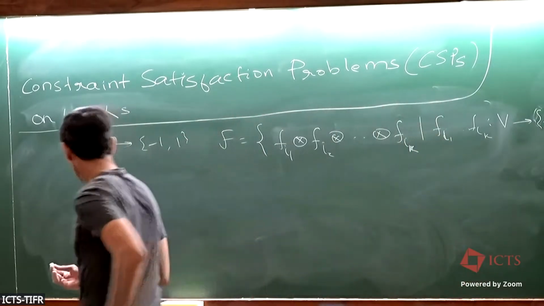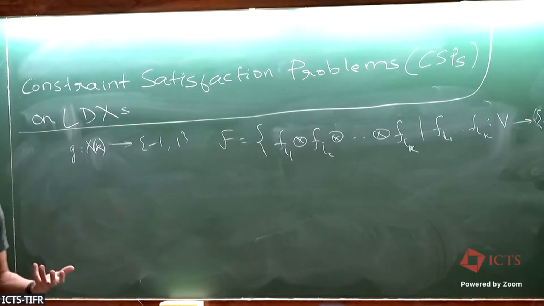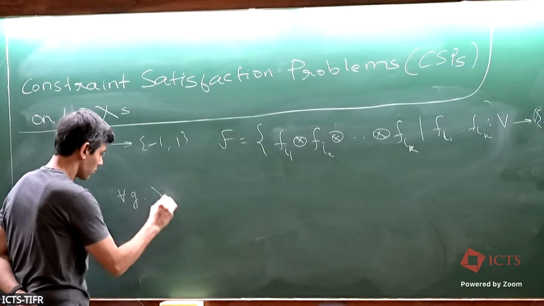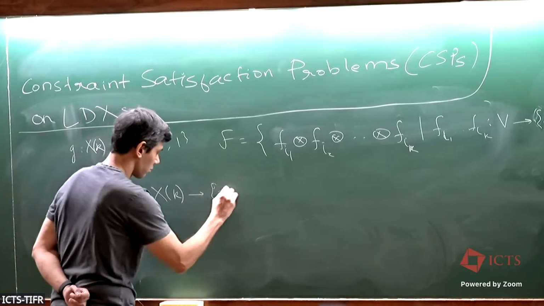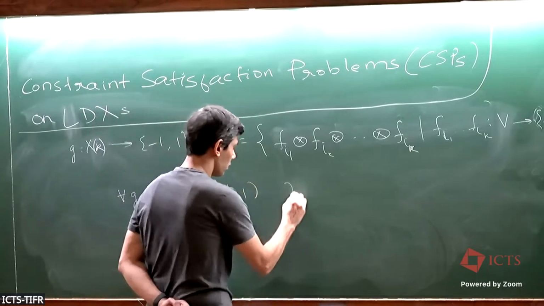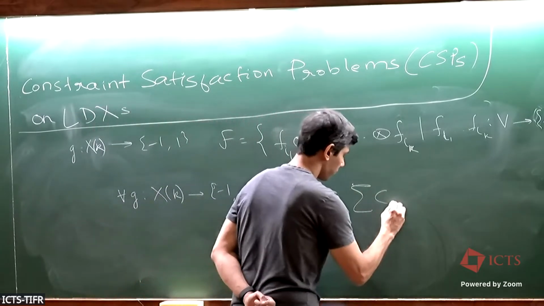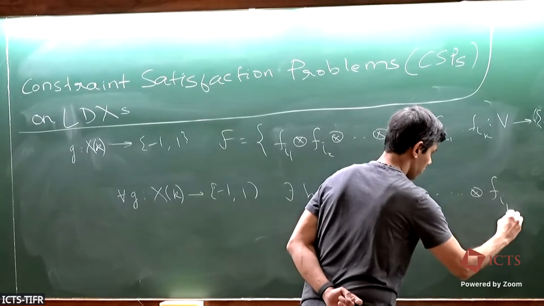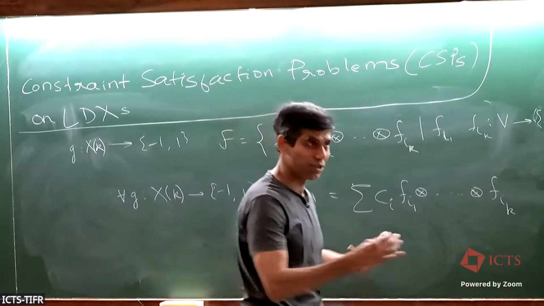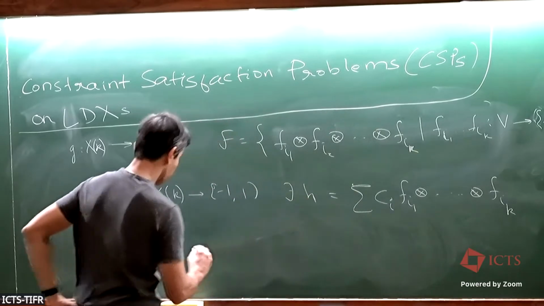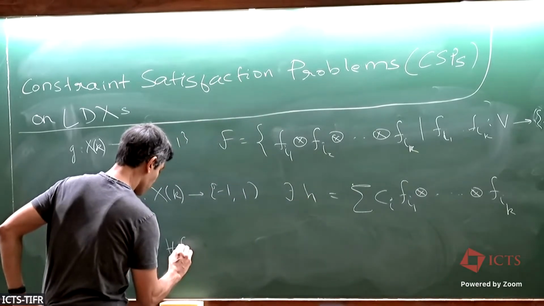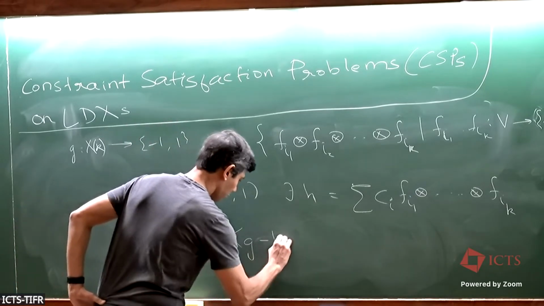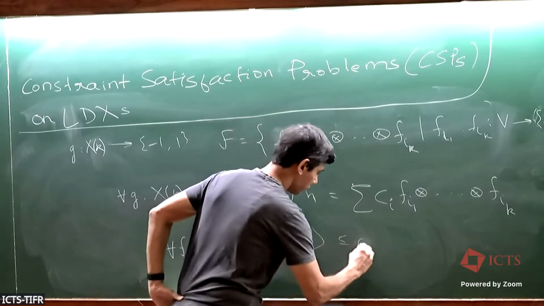And what one can prove is a splittable regularity lemma, that for any G, there exists an H such that this H is a good approximation of G in the sense that for every f in this function class, G minus H applied to f is small.